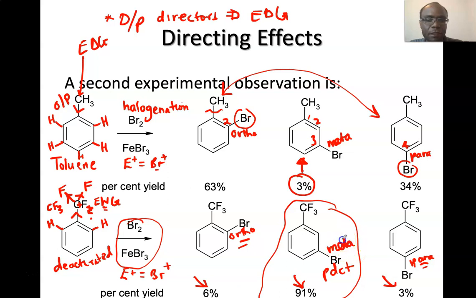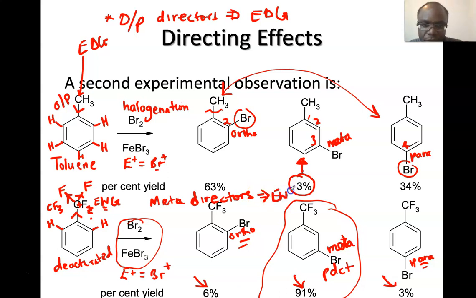Why did we get the major product as meta? It's because we have an electron withdrawing group presently sitting on the ring. I'm going to write the statement here like I did up there. So meta directors are always electron withdrawing groups.